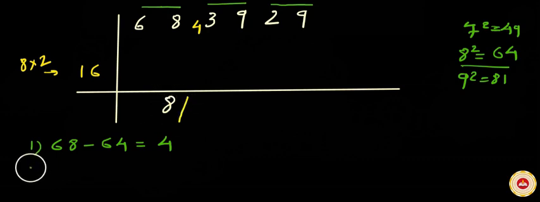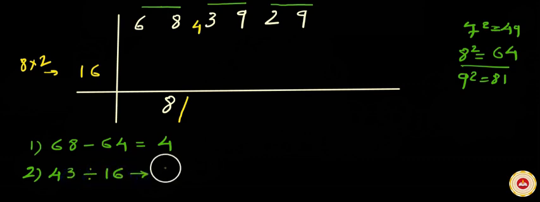Now second step. Second step is divide this 43. See, 4 and 3. Consider this as 43. Divide this 43 by 16, which gives you quotient 2, because 16 times 2 is 32, and 16 times 3 is 48. That means quotient is 2 and remainder is 11.